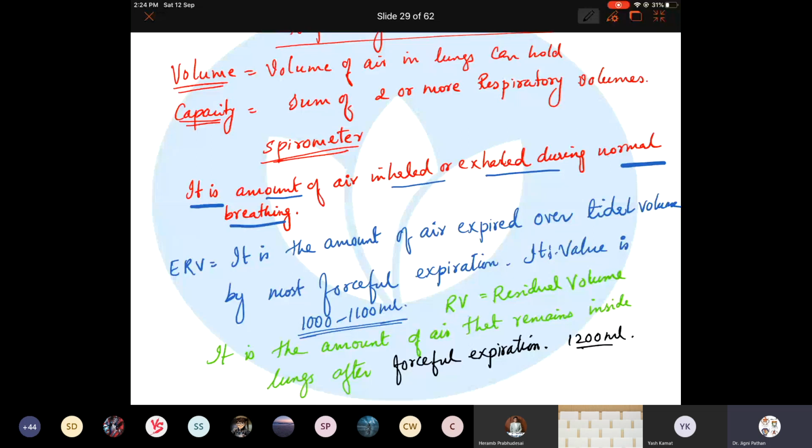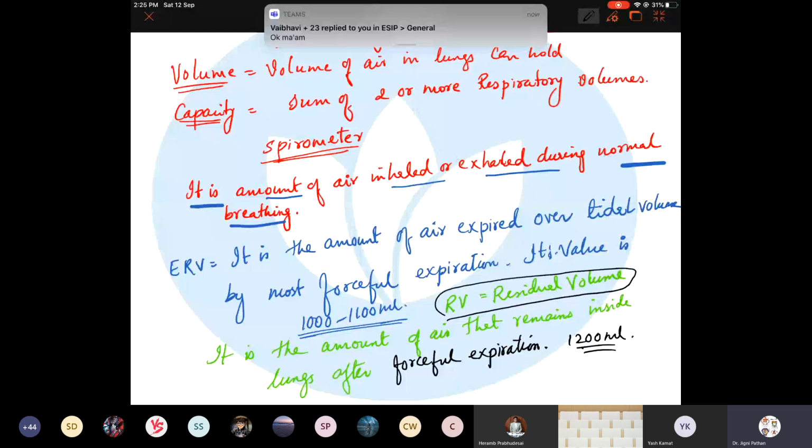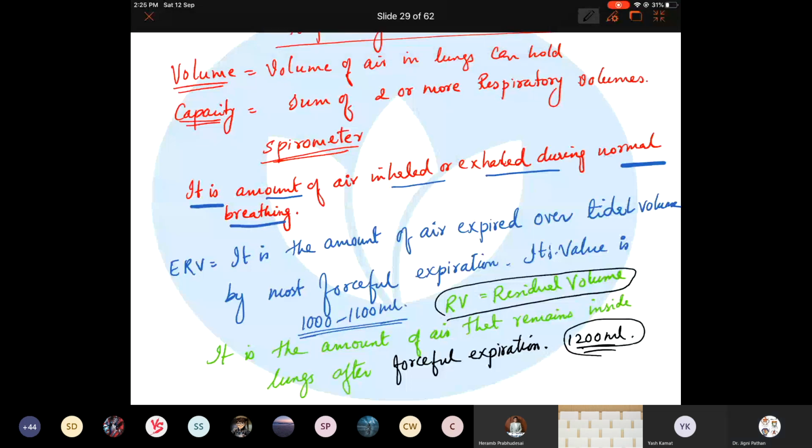Reserve volume or residual volume. But remember, most of the time they ask you about residual volume. Residual volume is that volume after forceful exhalation. However much you exhale forcefully out of the lungs, still some air is present in the alveoli, and that volume is 1200. Any doubts until here?